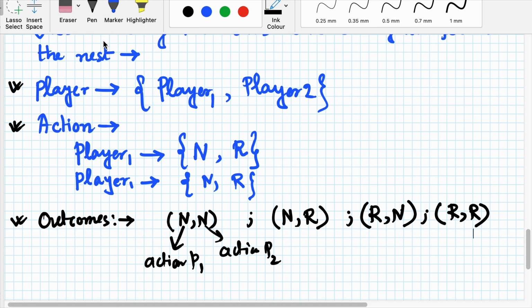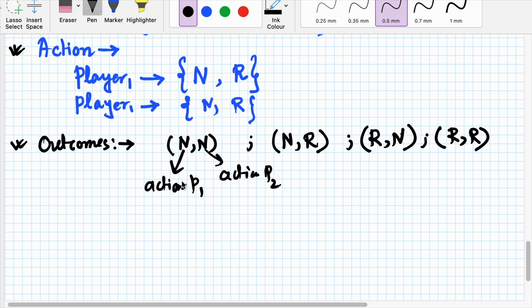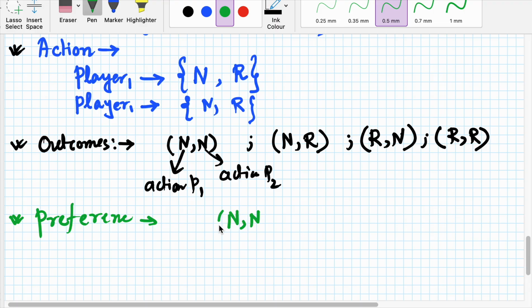So can we get a preference among them? Yes, it is very obvious. Both of them exerting force towards the nest should be most preferred, because in this situation the food item will reach the nest very quickly.